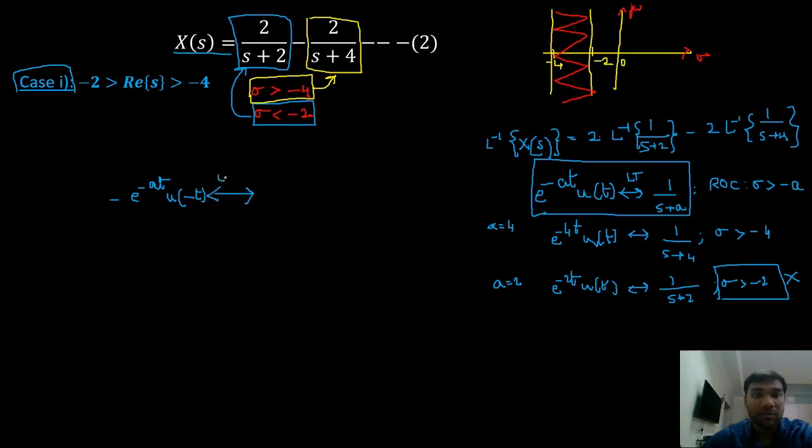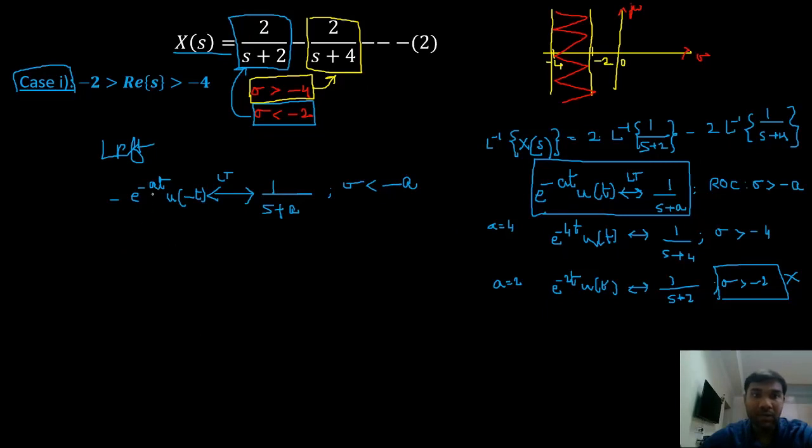The Laplace transform is 1 by s plus a, and the ROC is sigma less than minus a, right? This is one more Laplace transform pair. This is the left-sided signal, and the earlier one is the right-sided signal.